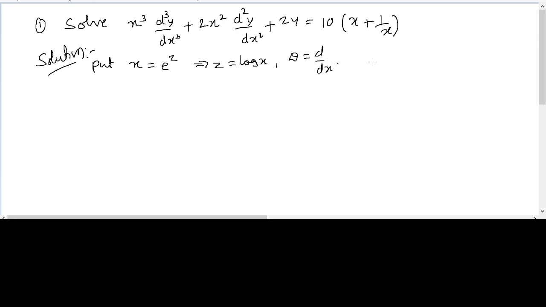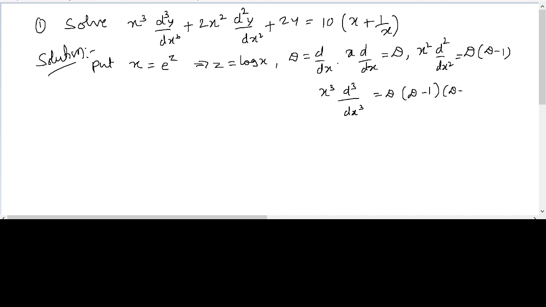And also we go on substituting x d by dx as D, x square d square by dx square as D into D minus 1, and x cube d cube by dx cube as D into D minus 1 into D minus 2.